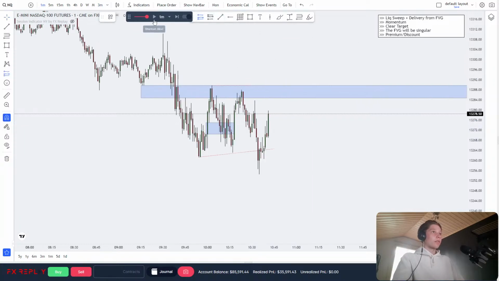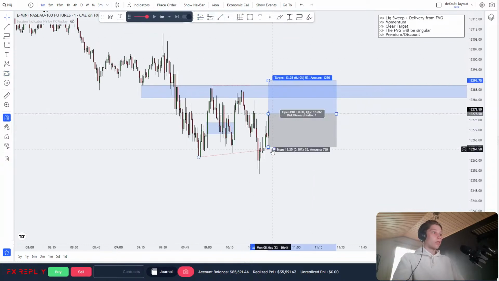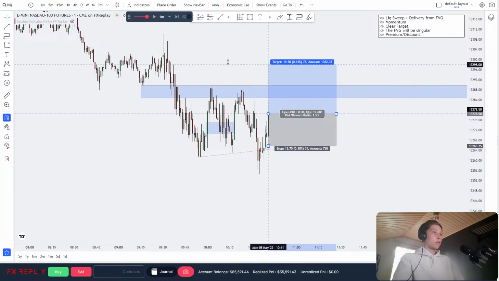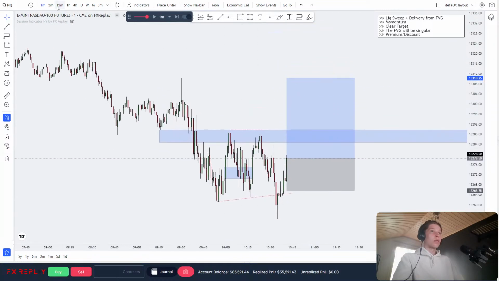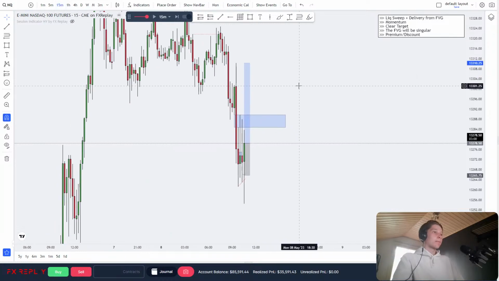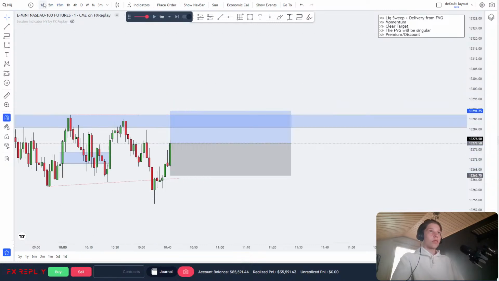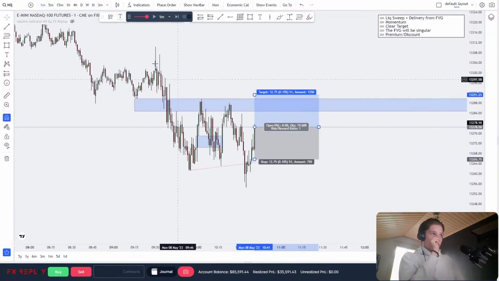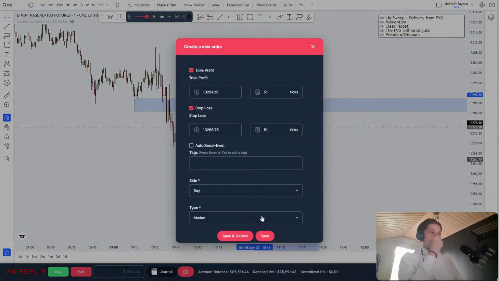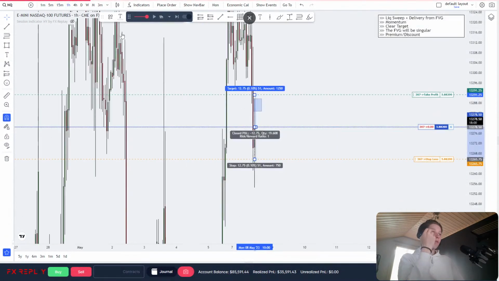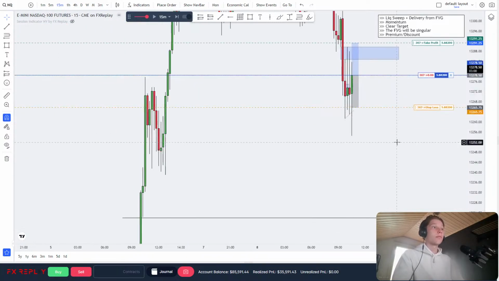I think this is a nicer long setup, although I would only target 1 to 1R because this is way too choppy. So let's reevaluate this a little bit better.